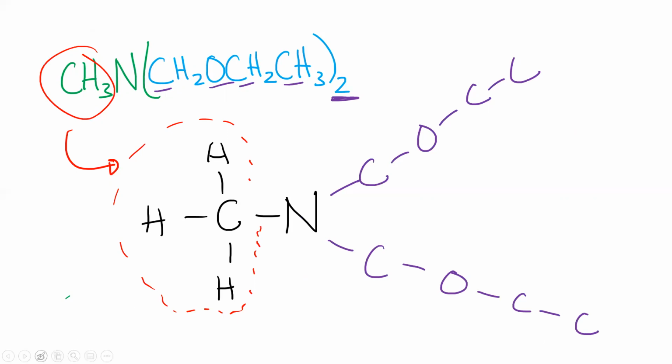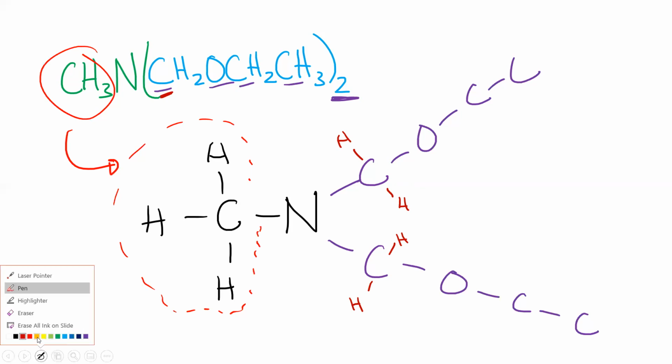Now, the next thing is attached to this carbon. There are two hydrogens because this carbon right here is this carbon right here. Okay. And the same thing goes for this. These are identical. So this is a hydrogen and a hydrogen, a hydrogen and a hydrogen, like that.